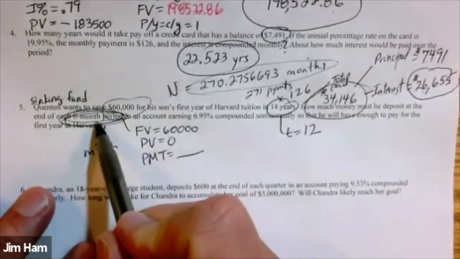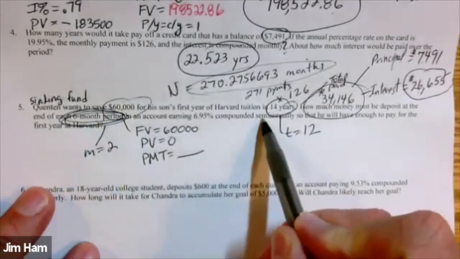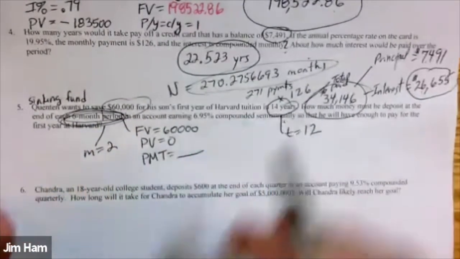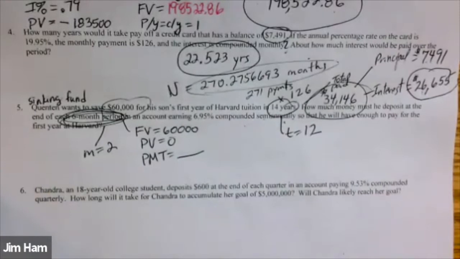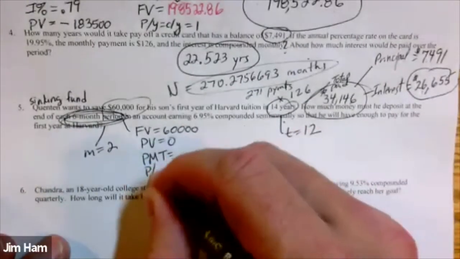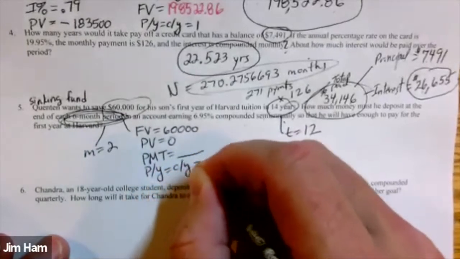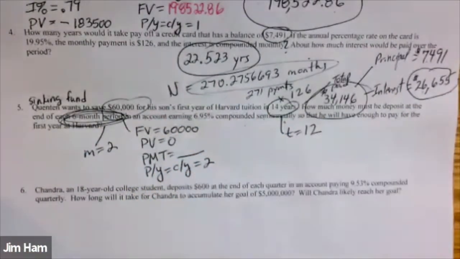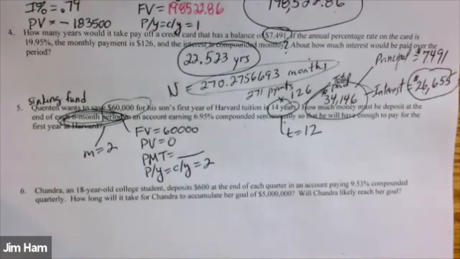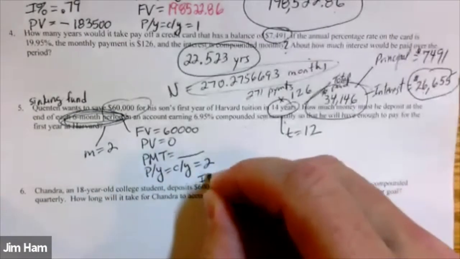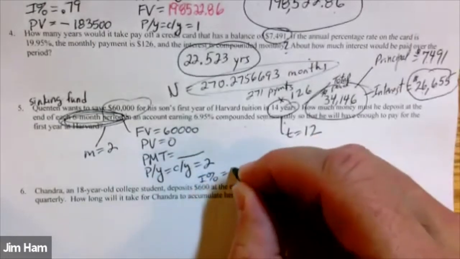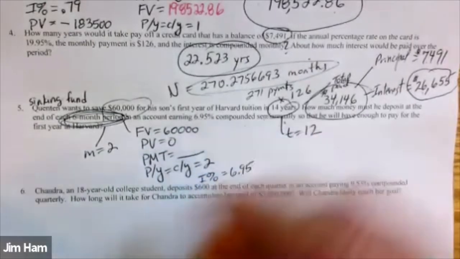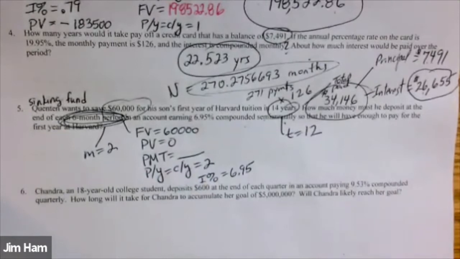But if that wasn't enough information, over here it says compounded semi-annually. So there's 2 different ways to confirm that the compounding factor is the same, and it is 2. So payments per year, compounding per year is equal to 2. These payments are going to be made every 6 months. The interest is compounded semi-annually, and it is 6.95%.